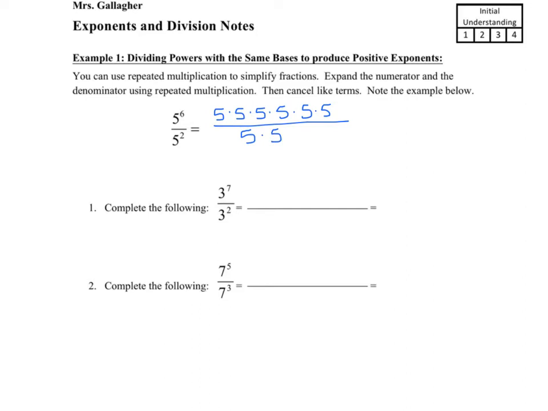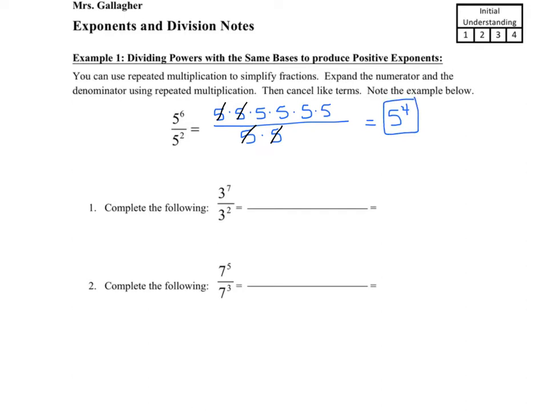So we're going to cancel it out because when you have the same numerator over denominator it equals 1. So let's cancel out our first 5s because that equals 1. And let's cancel out our second set of 5s. So what do we have left here on the top? We have 5 repeated 4 times.